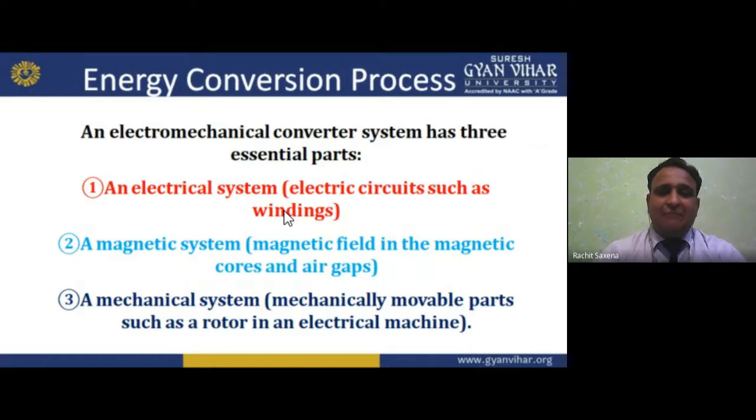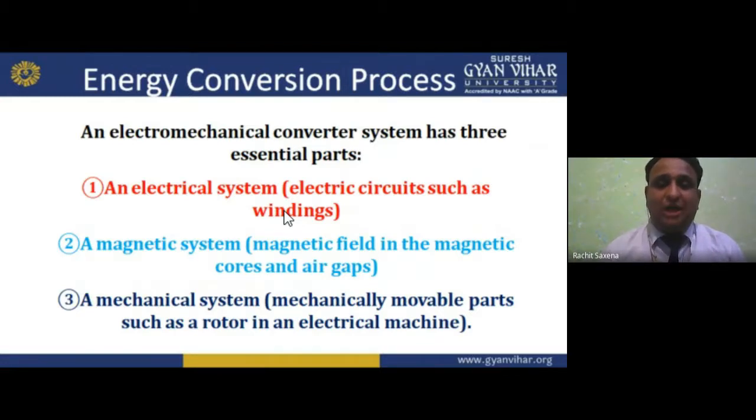Second, a magnetic system: the magnetic field in the magnetic core and air gap. So I need a coil or windings, then I need a magnetic field in the magnetic core and air gaps.